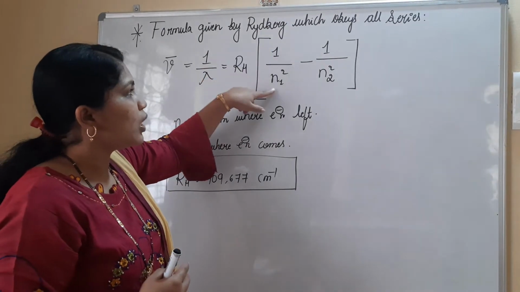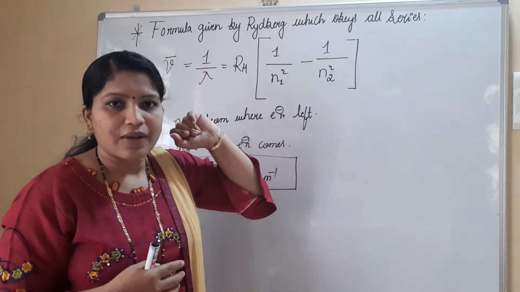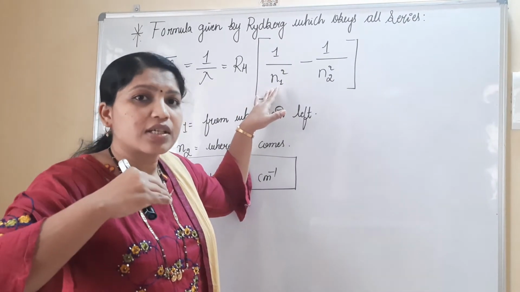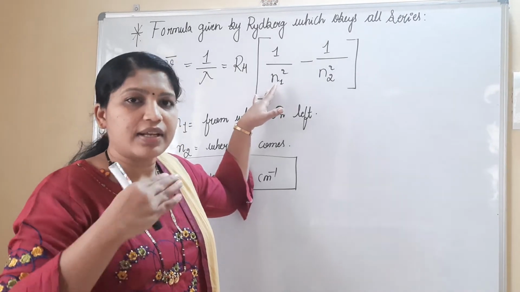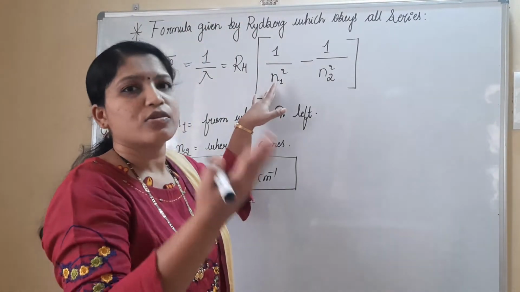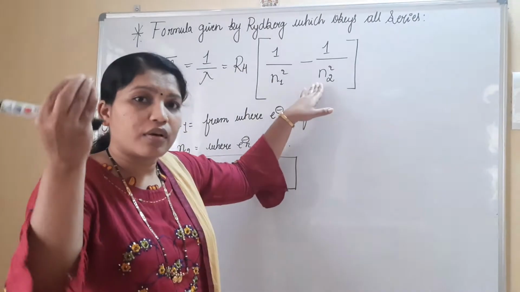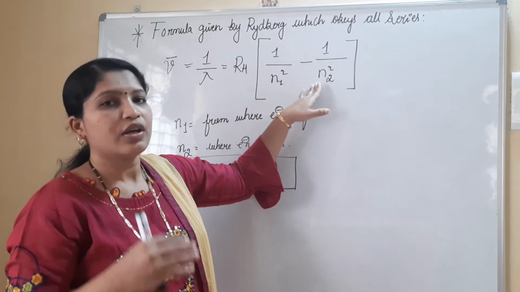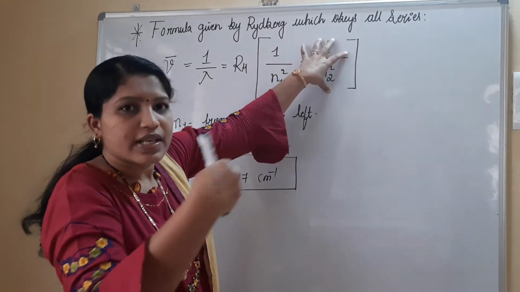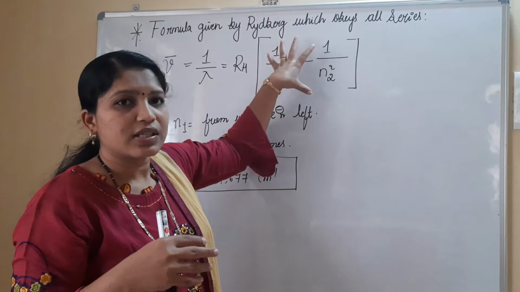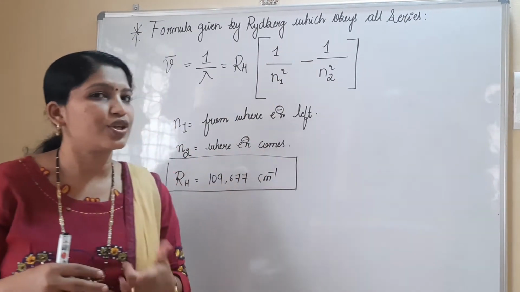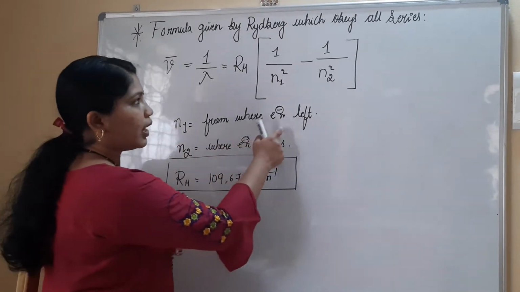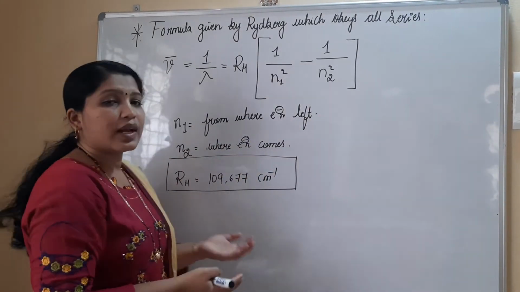And here I have written 1 by n1 square minus 1 by n2 square. n1 is the energy level from which the electron has moved, from where it has moved. n2 is the energy level to which it is coming back, from where it went to where it is coming. That difference is used for the calculation of the wave number. That is it. And see here, n1 I have written as where the electron left, and n2 is where the electron is coming.